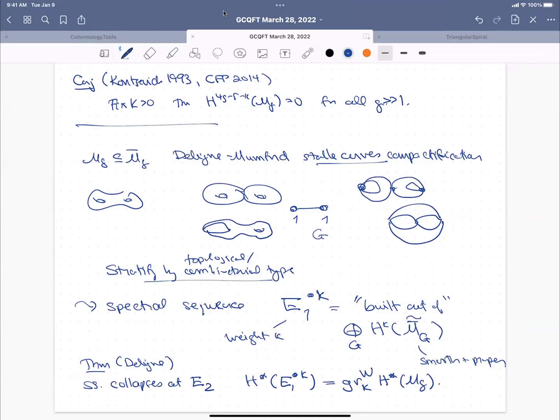So when I say that we're going to study the weight graded pieces of the cohomology of M_g, what I mean is we're going to study the E1 page of this spectral sequence one row at a time. And we're going to do that by understanding the cohomology groups of these normalized stratum closures, and the natural maps between them.